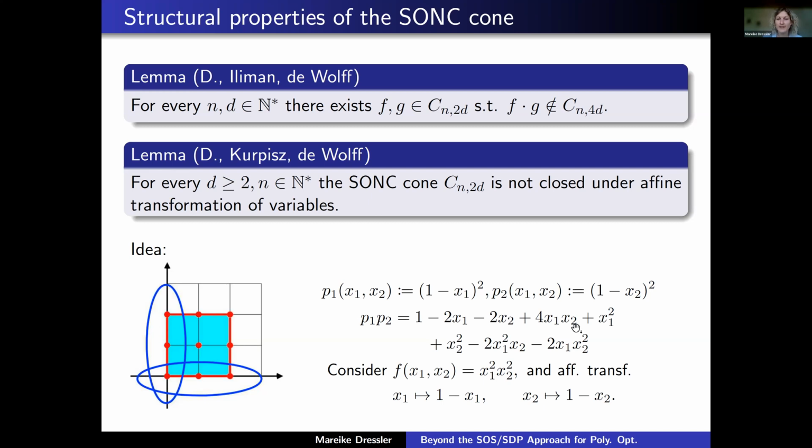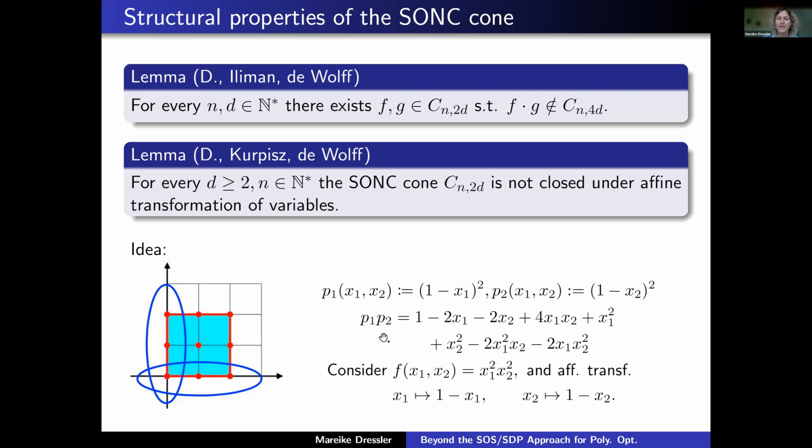If we multiply them, this is this polynomial here, and the support is given by this whole square and interior point. This product is in fact non-negative, but not a SONC polynomial anymore. You can show that by contradiction: if you assume there would exist a SONC decomposition, you don't have enough weight on these vertices to really make it SONC.